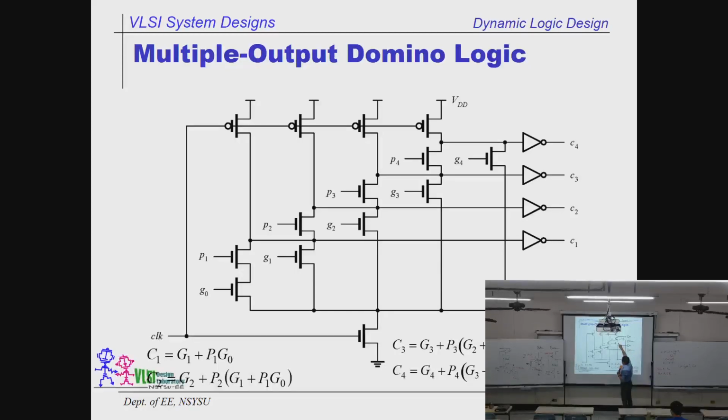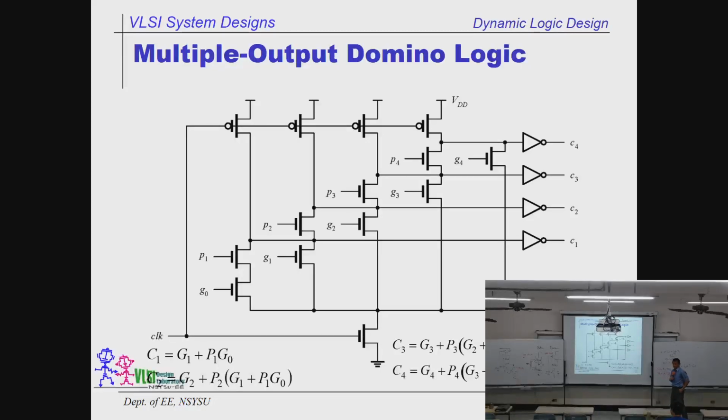So for the C3, either G3 is on, or P3 times all of these terms together. That's this one. And the last one is G4 over here, and P4 times all these terms together becomes C4.